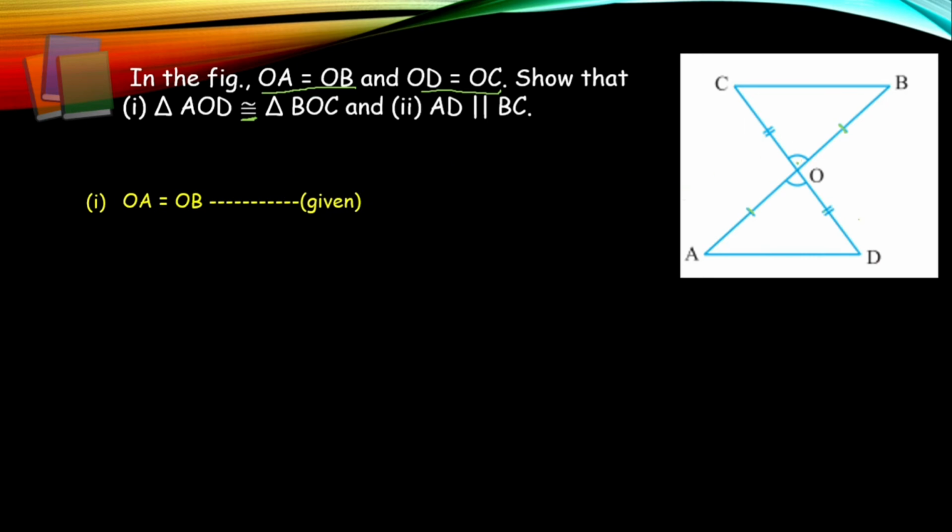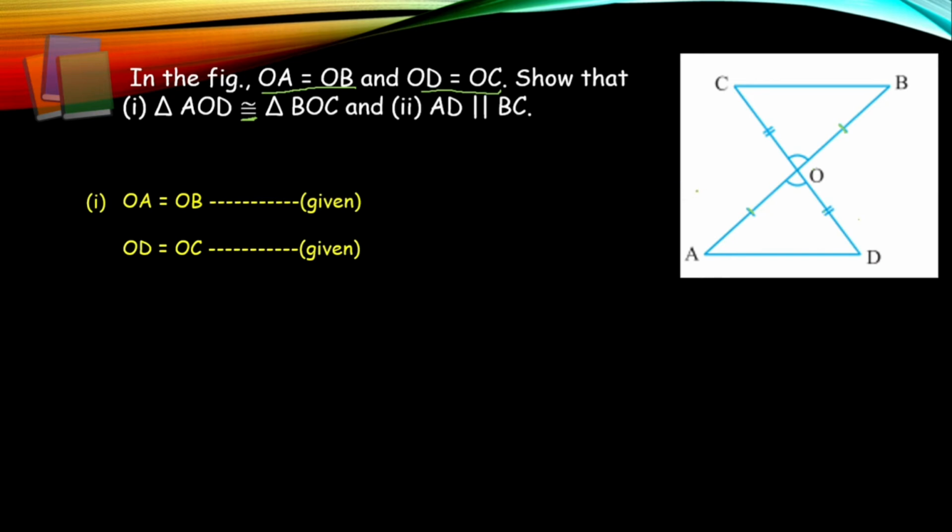We have OA from the triangle AOD and OB from the triangle BOC, so one side is equal. The other is also given, that OD is equal to OC, and OD is from the triangle AOD and OC is from the triangle BOC. So we write that it is given.